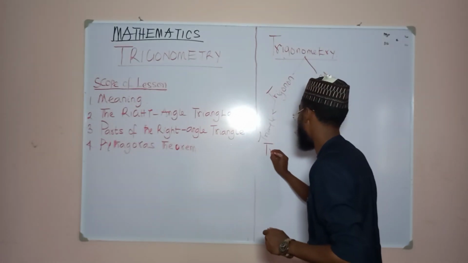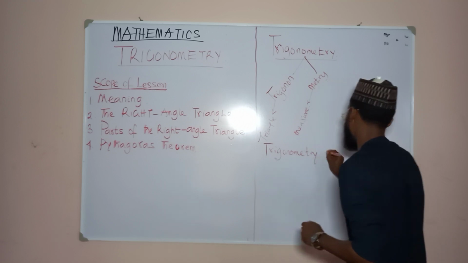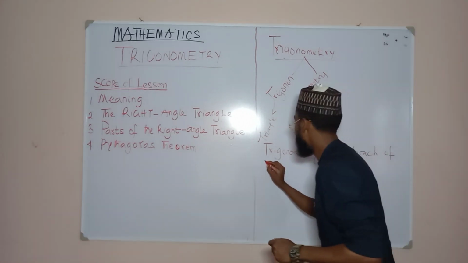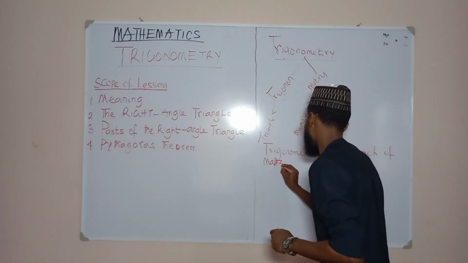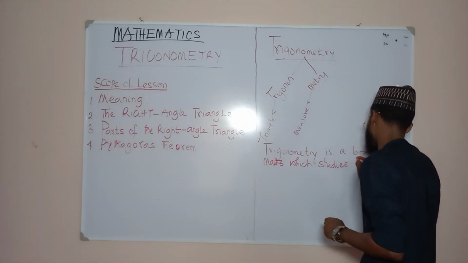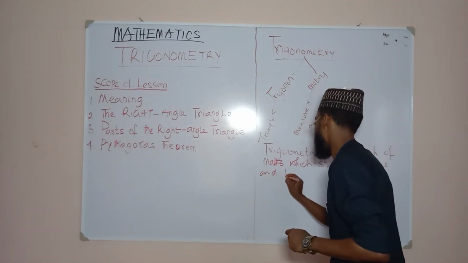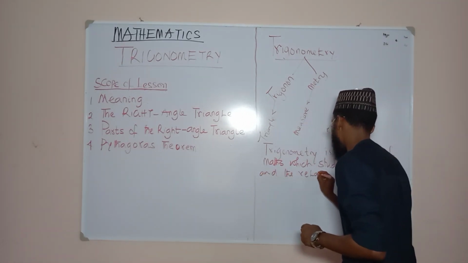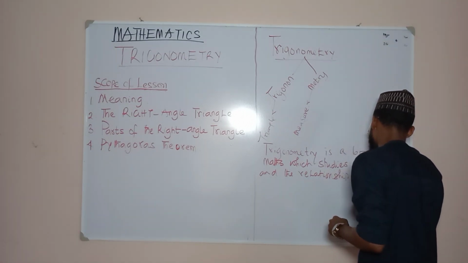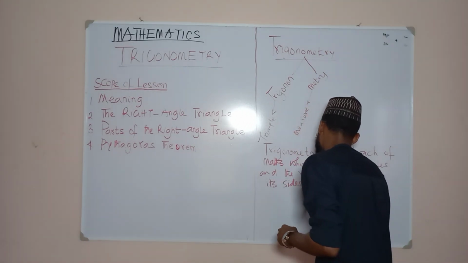Let's take note of the meaning. Trigonometry is a branch of maths which studies triangles and the relationship between their sides and angles.